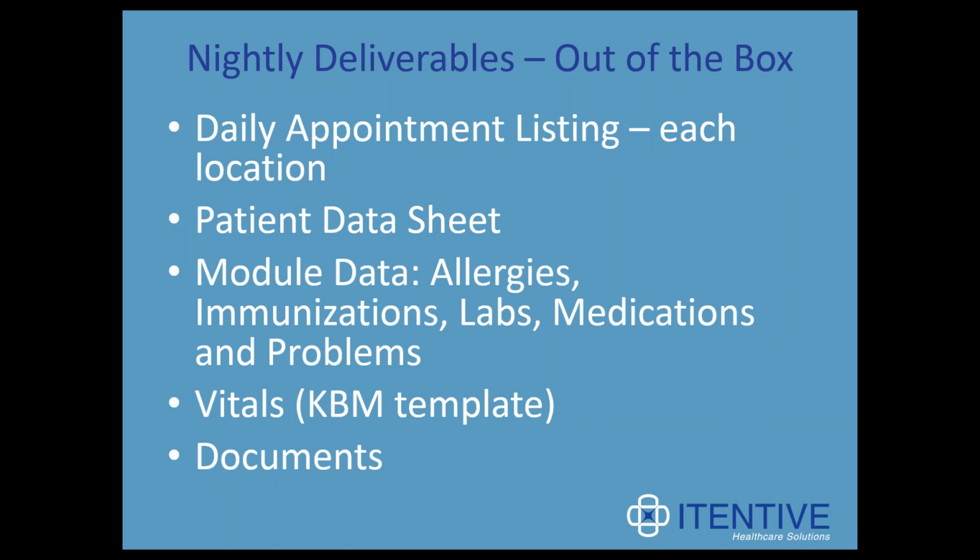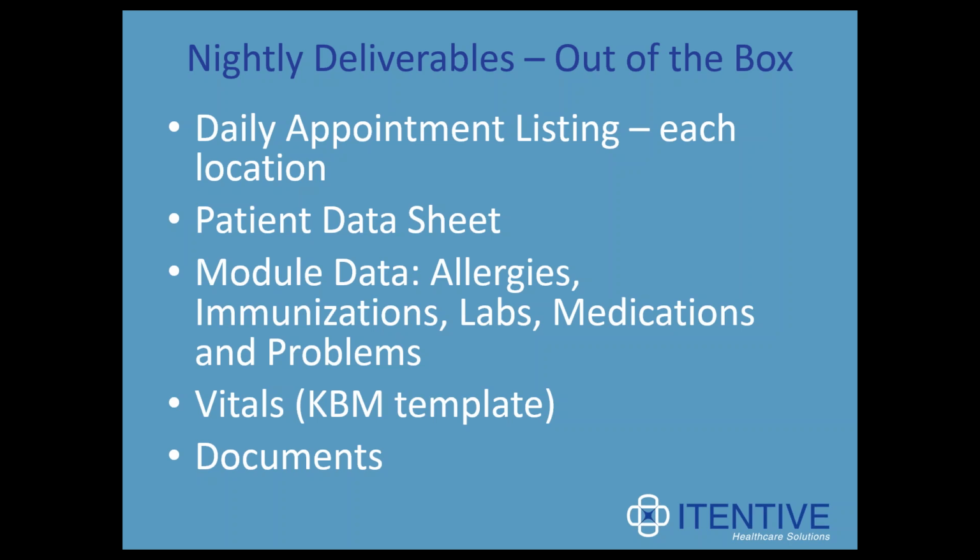You get your NextGen module data. You kind of think of the things that are fairly static like medications and allergies and labs. So we pull that information into the chart. Additionally, we pull in documents, both EHR documents such as your chart notes, master IMs, things like that that you're generating your EHR documents from.